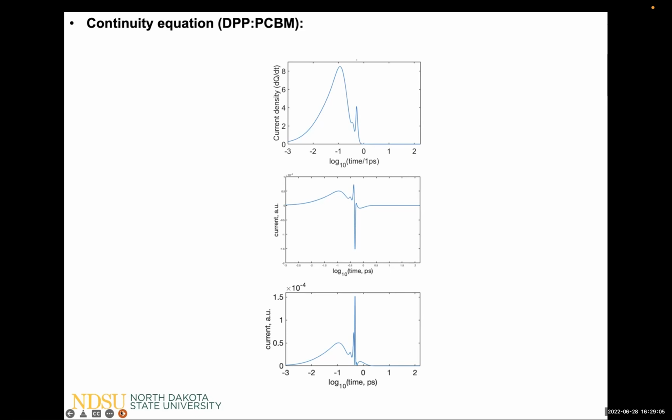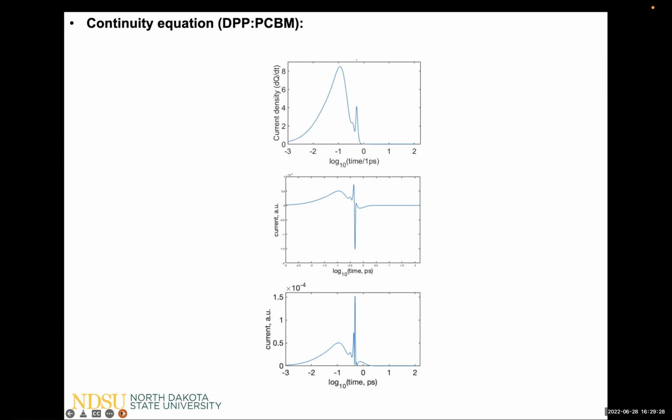If I compare top and bottom, at logarithmic time of -1 we have a peak, but the maximum value for these two methods appears at different times. Usually we have the same location and same time for the peaks, but here the maximum value is at a different location.